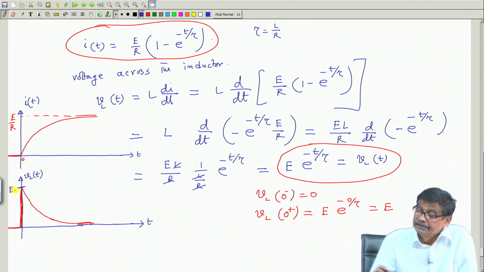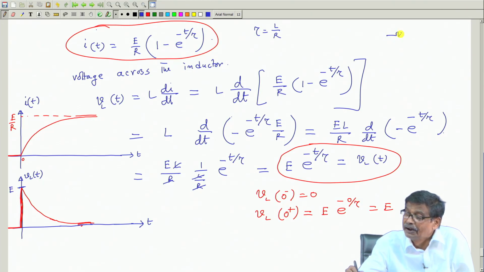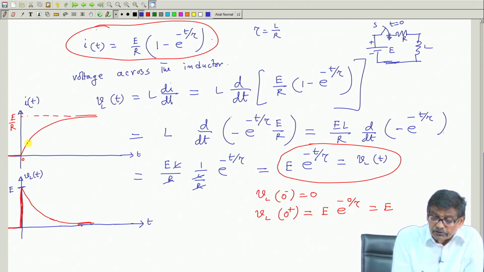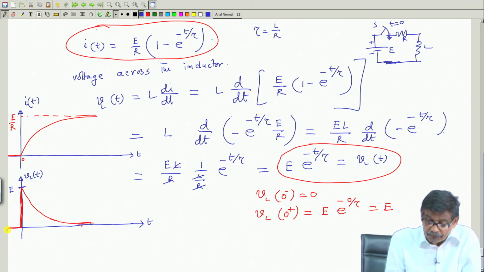So, this is the thing for an RL circuit. If you close the switch at t equal to 0, the inductor current cannot change instantaneously, but look at the voltage waveform.